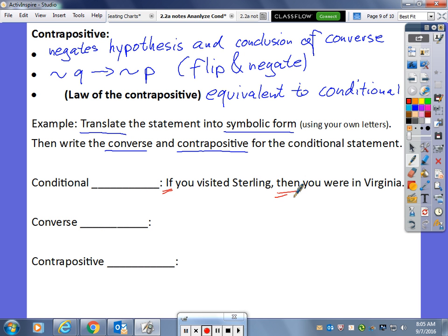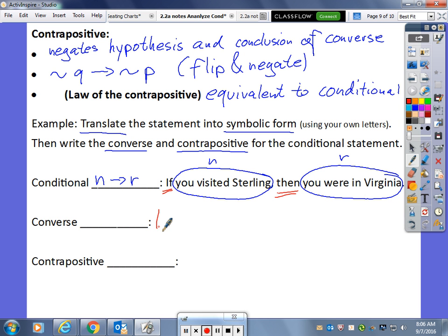Our conditional statement: if you visited Sterling, then you were in Virginia. Our hypothesis is you visited Sterling. Our conclusion is you were in Virginia. In symbolic notation, I'm going to use the letters N and R, N arrow R. Our converse, therefore, remember our Converse sneakers, we move stuff around, okay?